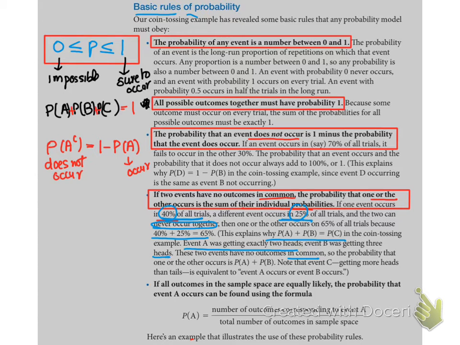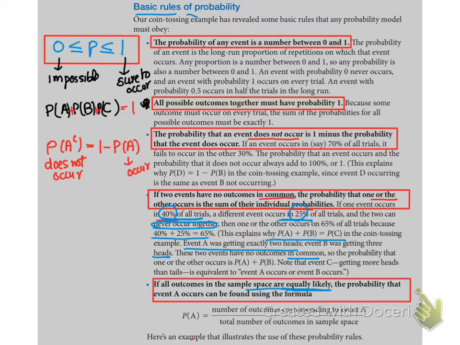Then if all outcomes in a sample space are equally likely, the probability that event A occurs can be found using the formula. Yes, one more, I just skipped it. If you have to find the probability of a certain event, keep in mind that each outcome is equally likely, means they have the same chance to occur.